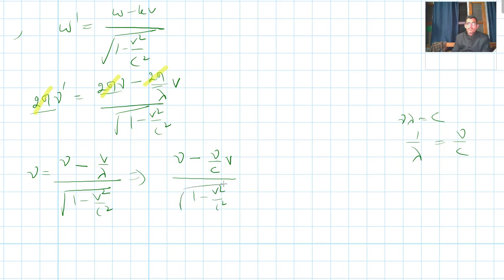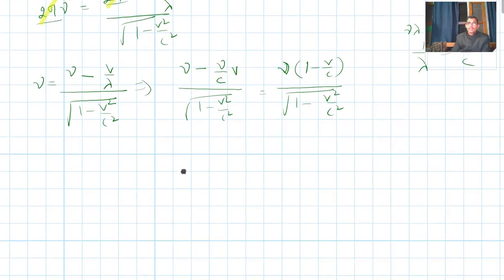So it can be written with nu taken outside: nu times 1 minus v by c, over square root of 1 minus v square over c square.